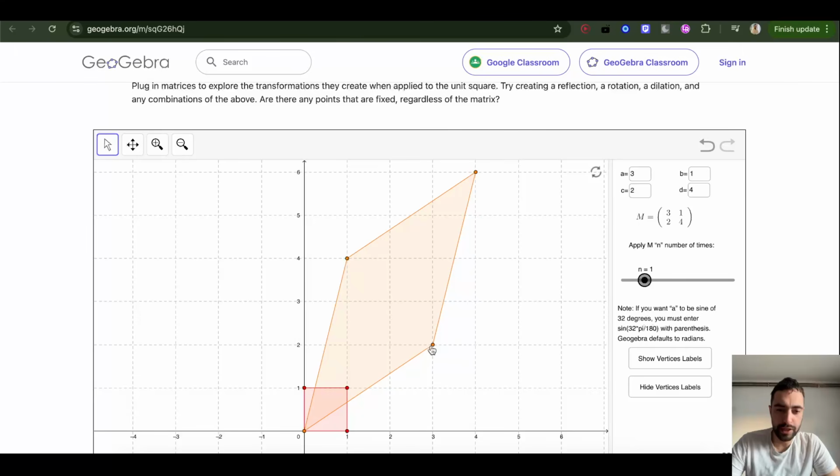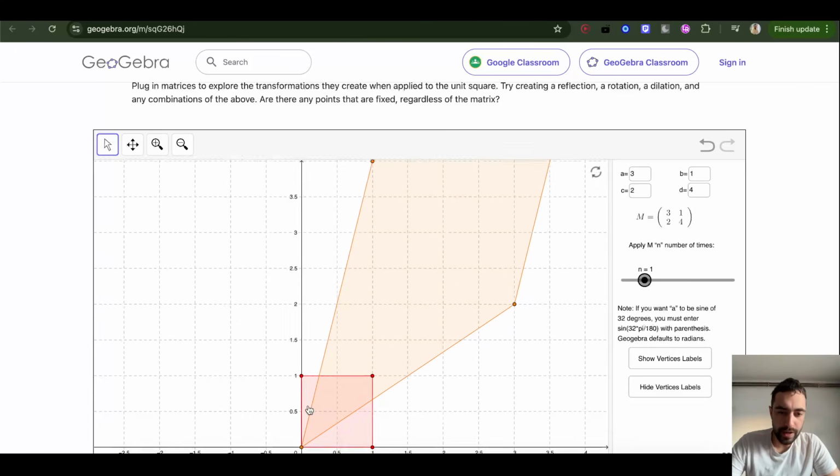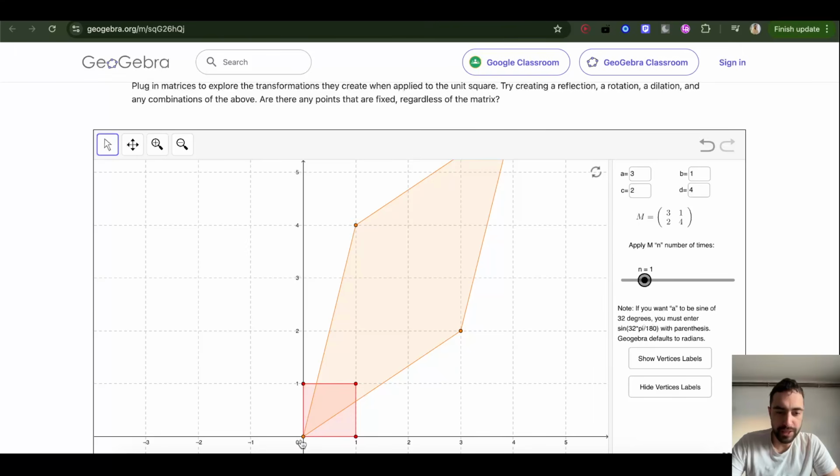And then what are these 2 dots? So these 2 dots show where these unit vectors move. So if you take this unit vector here, after this matrix transforms, you can imagine it as the matrix transforming the entire space of this square.